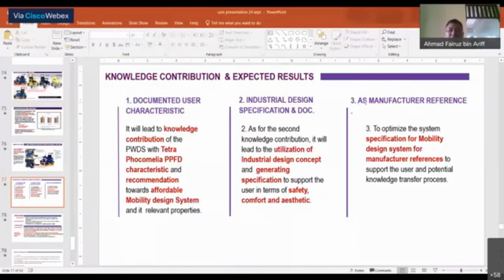And then number three is as the manufacturer reference to optimize the system specification for mobility design so that they can participate in creating local product, local design.